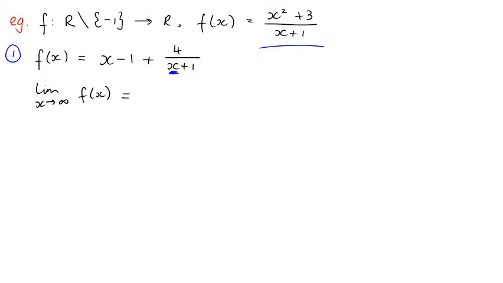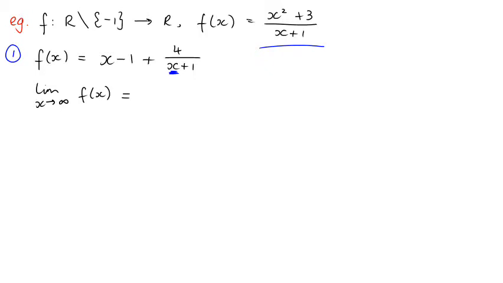Right, so we divided them by polynomial division. So we got this second term here. So what happens if we put x equals infinity into the bottom of this fraction? We get 4 over a really, really large number, which is a really small number, right?